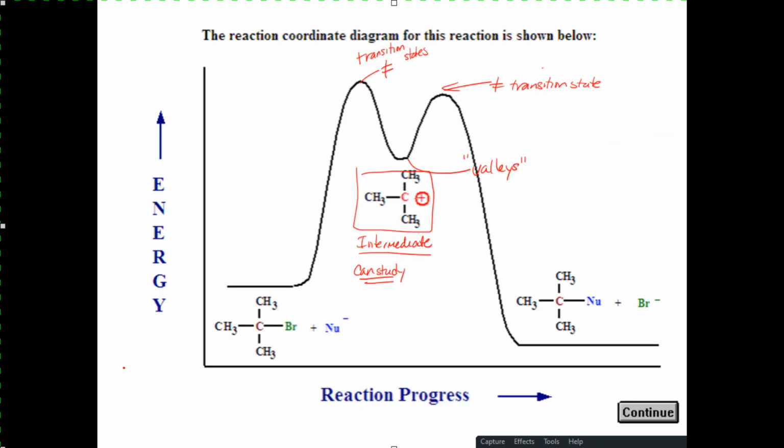Now we need to talk a little bit about carbocations and what their stability are, because what we're going to talk about is, okay, so if I have an SN1 reaction, which alkyl halide is going to react the fastest? Primary, secondary, or tertiary? So let's talk about carbocation stability. So first of all, in terms of carbocations, they have a positive charge.